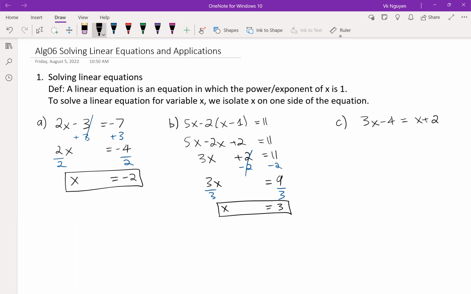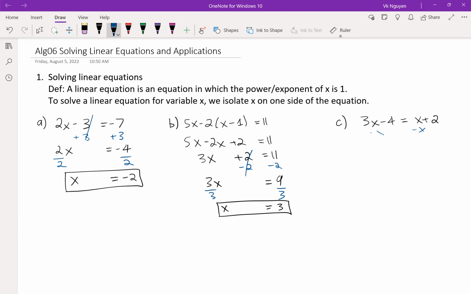Last example. 3x minus 4 equals x plus 2. We want x to be on one side of the equation, so we are moving the term with x to one side.